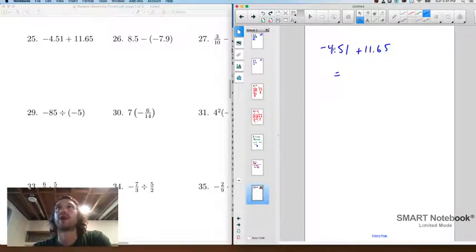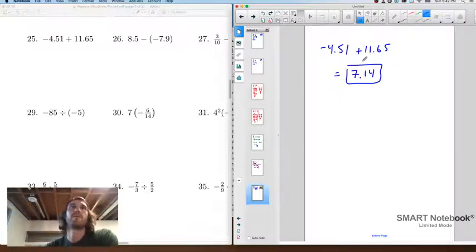So we can subtract 4.51 from 11.65, and we won't need to do any borrowing or anything here. So that's going to be 7.14. That's our answer. Okay. 11 minus 4 gives our 7. 6 minus 5 is 1, so on and so forth. Check my work with the calculator if you want.